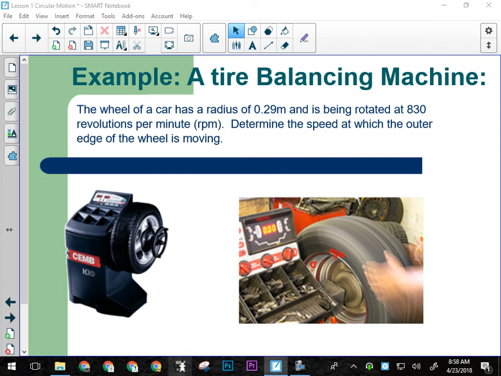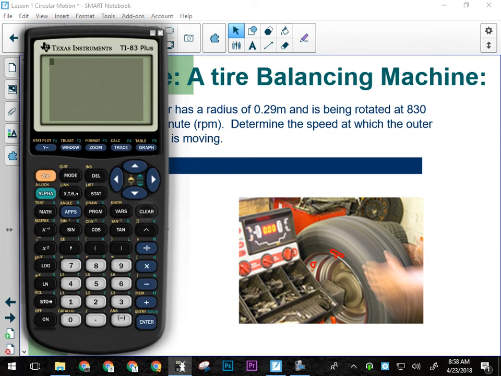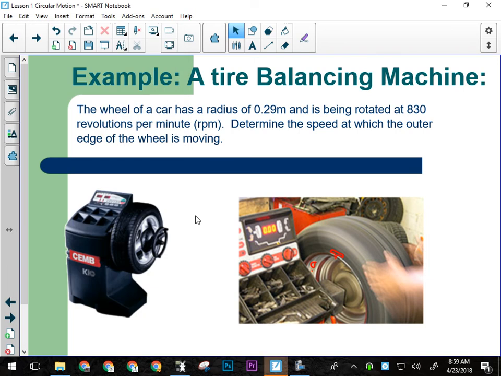So this thing goes 830 revolutions per minute, not 83, 830, which means it only revolves 13.83 times per second. That's still pretty fast. It goes completely around in a circle 13.83 times in 1 second.